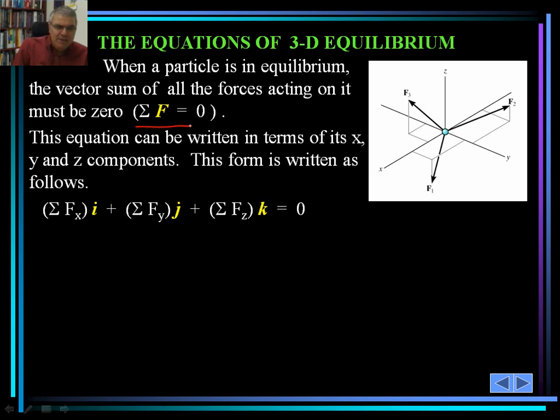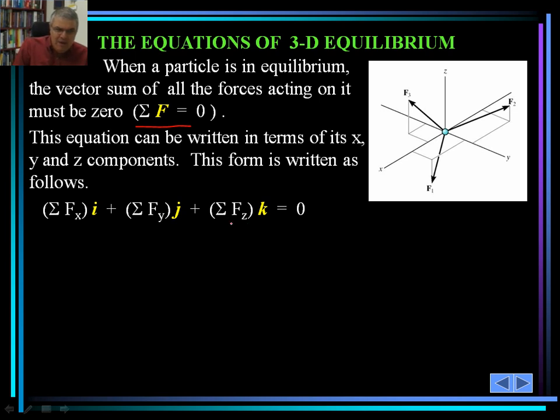Remember that if we have a three-dimensional Cartesian coordinate system x, y, z, then we are going to express our forces in terms of the unit vectors i, j, k. In this case, the summation of forces in the x direction multiplied by i plus summation of forces in y, j, plus summation of forces in z, k, is zero.